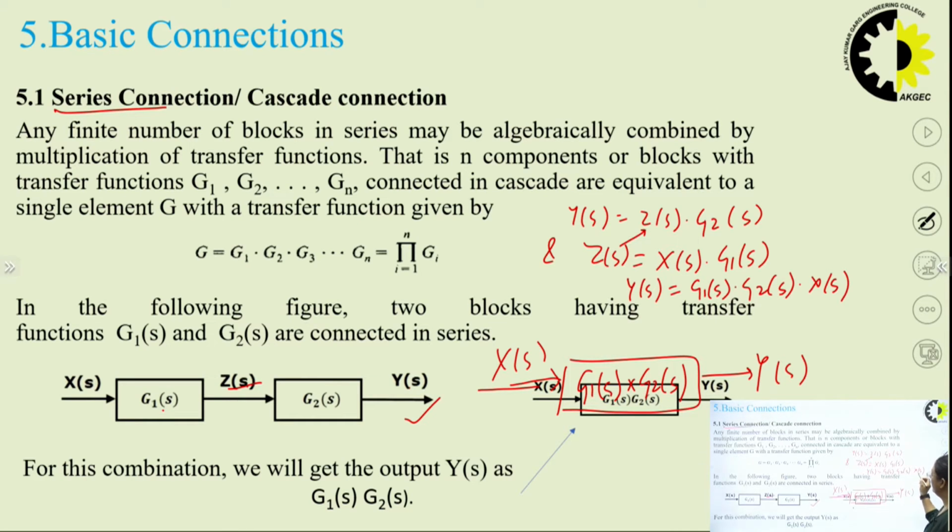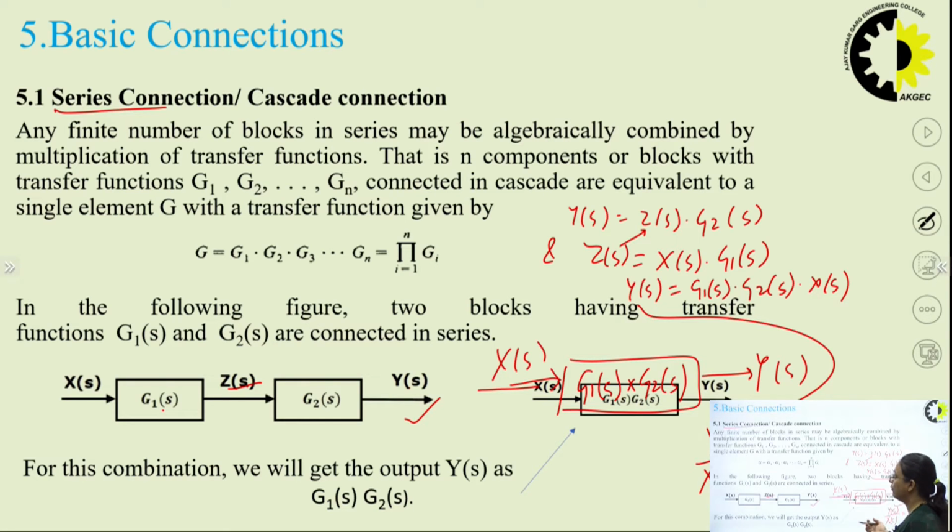And if I find the transfer function from here, I will get Y(s) upon X(s) equal to G1(s) into G2(s). Okay, so I can draw a single block with their transfer functions multiplied with each other.